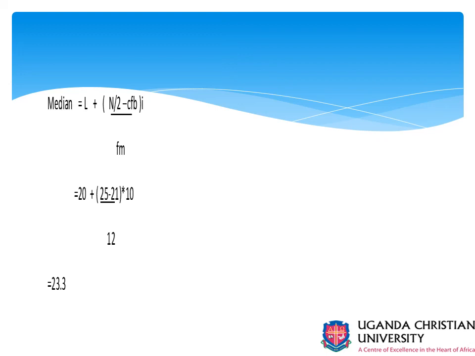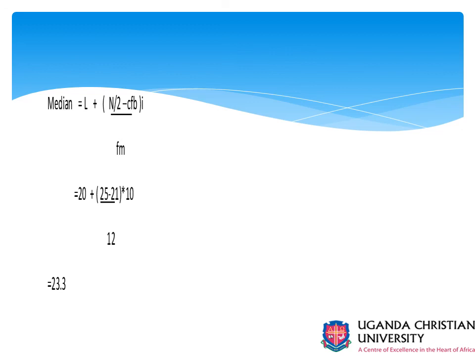We calculate the median by having L1, which is the lower class limit of the median class, or it can be the lower class boundary of the median class, depending on the nature of the data you collected.